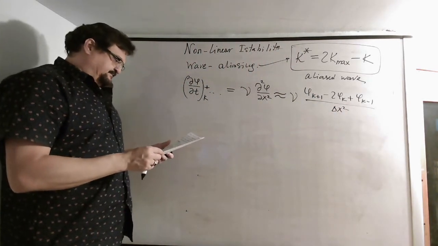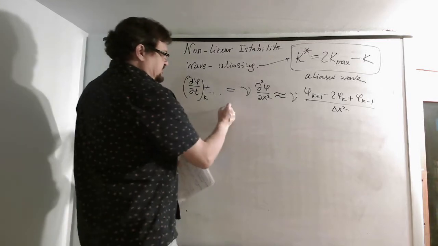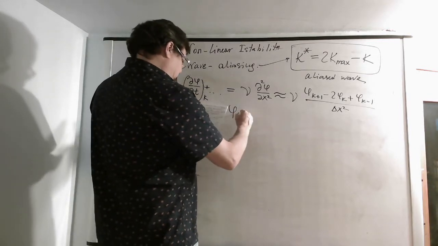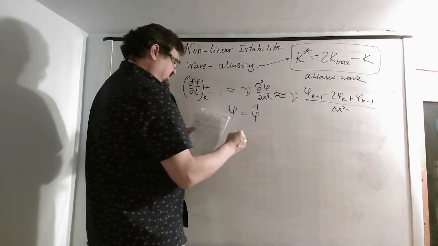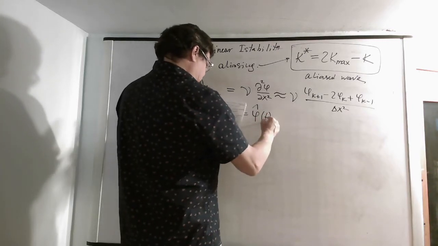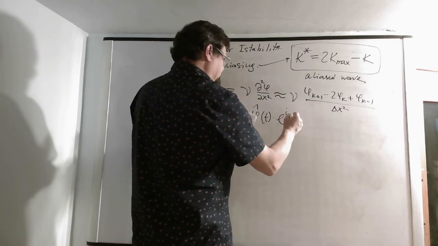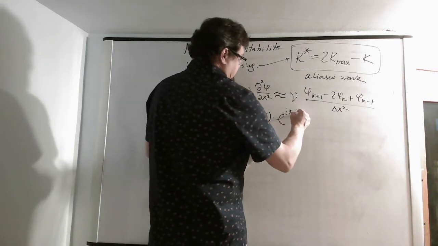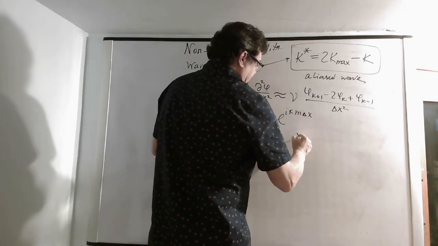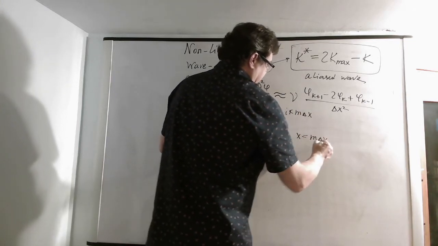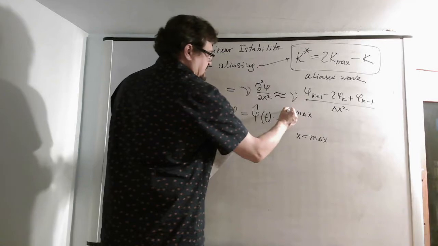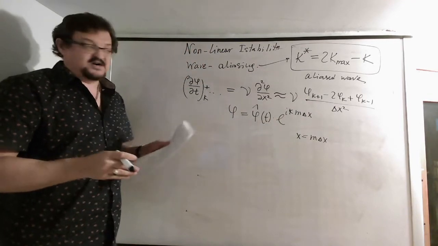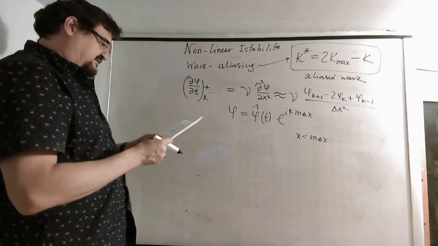And now if you consider your solution as a linear solution, like phi as a function of time times e to the i k m delta x. So your x equals m delta x, just your grid, as we've done before when we consider stability and other things.